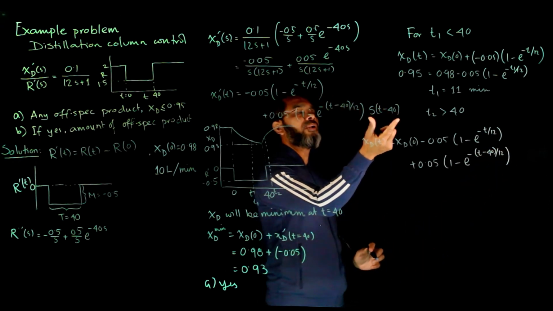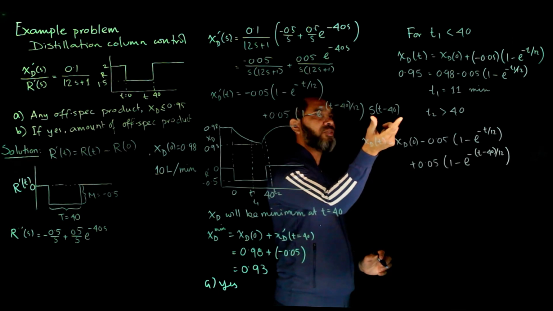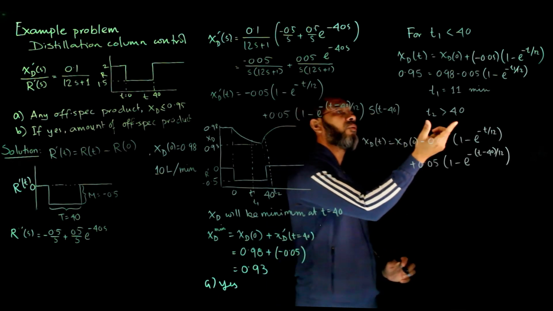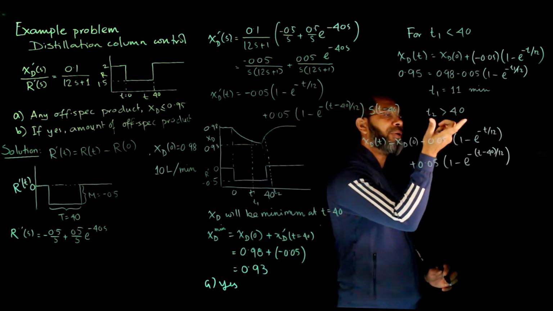Now you see that we're not writing this t minus 40, the Dirac delta function, because we are already assuming that t2 will be greater than 40.